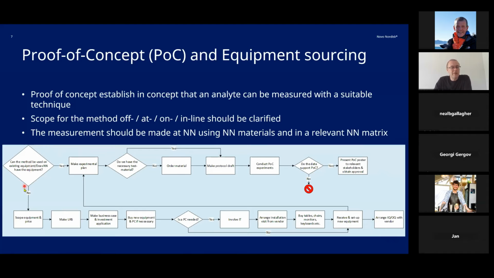But if the equipment is not available, for instance, a vendor we met at a conference has this very smart new instrument that is much better than everything else on the market, we can consider if we need to buy that instrument or if an alternative capable instrument is available. So scope, equipment, and price: make a user requirement specification for the instruments to the best of our knowledge at this stage.